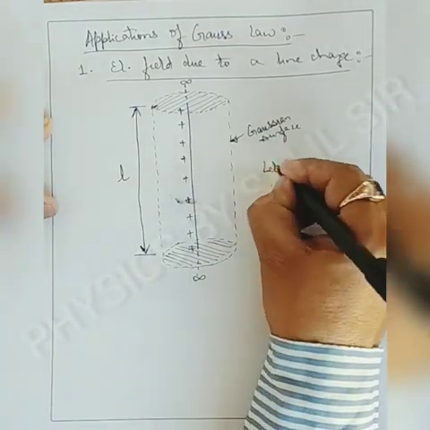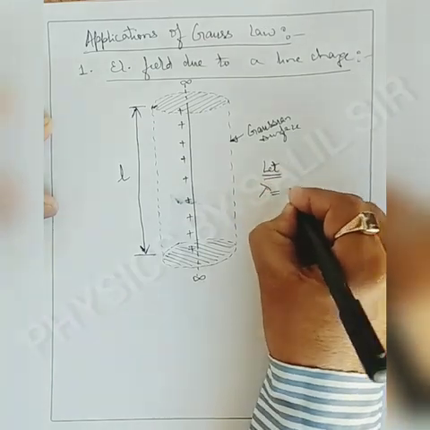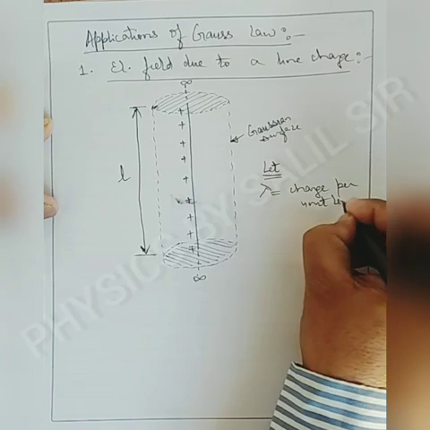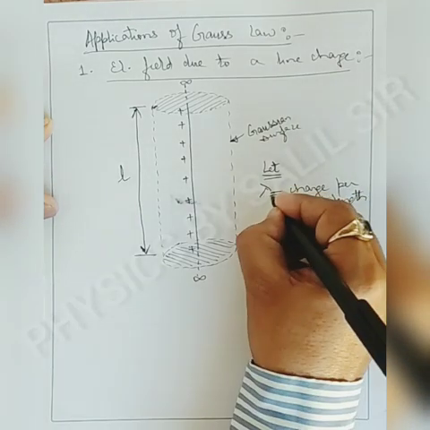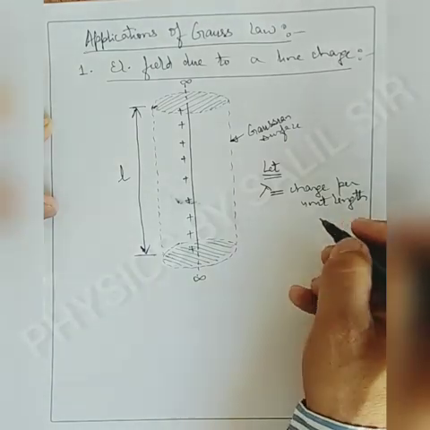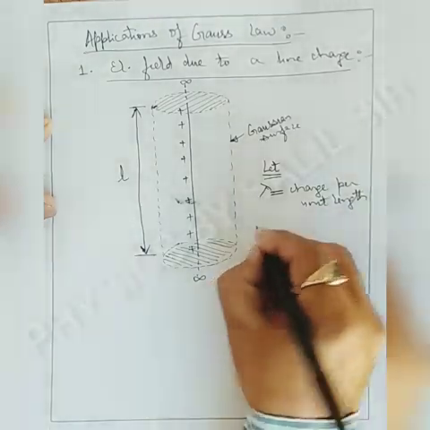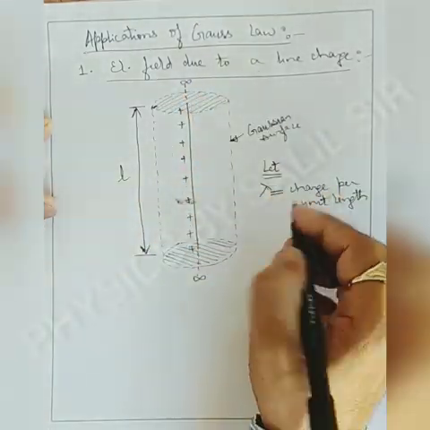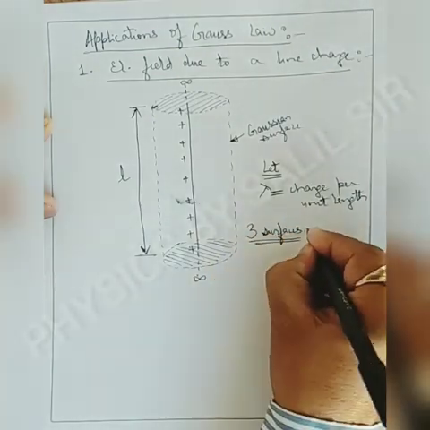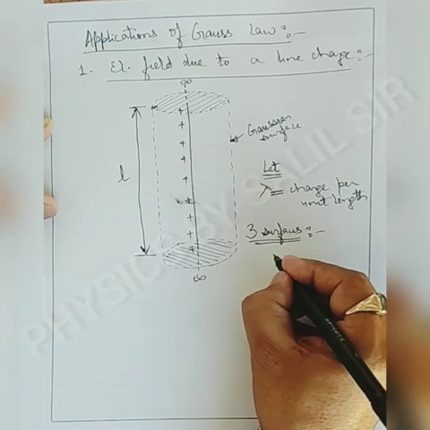Let lambda be the charge per unit length. I explained this in my previous video. So there are three surfaces in this cylindrical Gaussian surface.